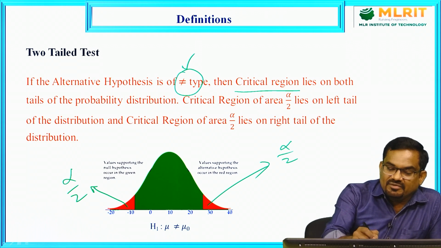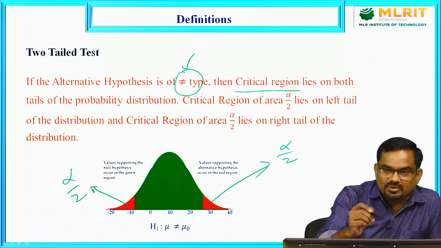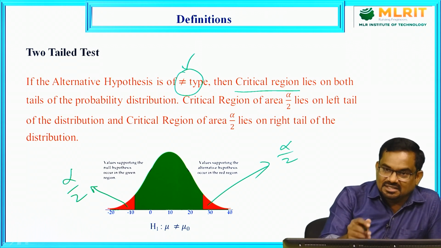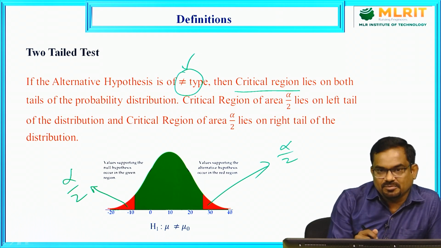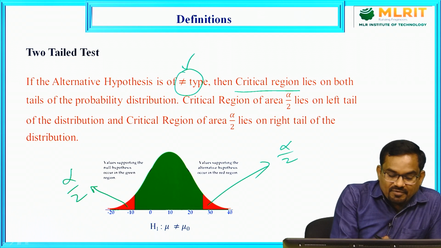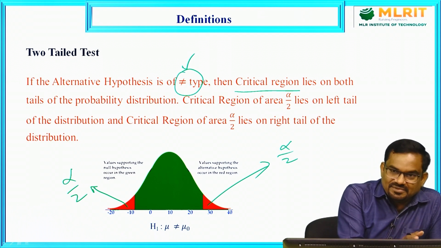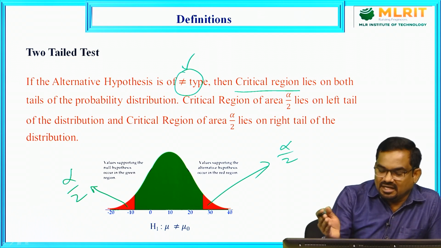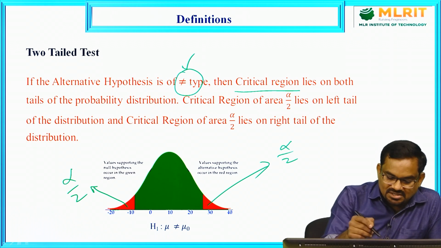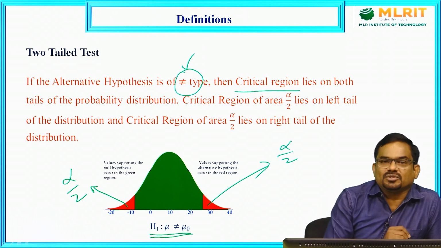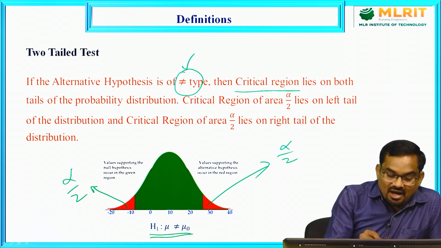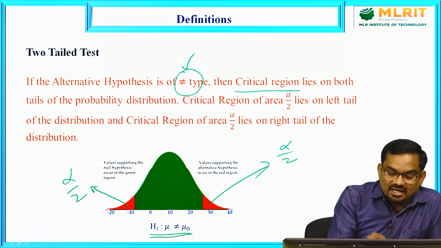If the alternative hypothesis is of not equal to type, then this critical region lies on both side tails of the probability distribution. So, alpha by 2 area lies on the left side, alpha by 2 area lies on the right side. Now, in this graph, the alternative hypothesis is not equal to type, and values supporting the null hypothesis occur in the green region.